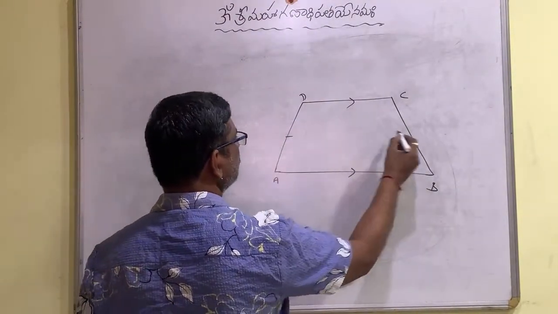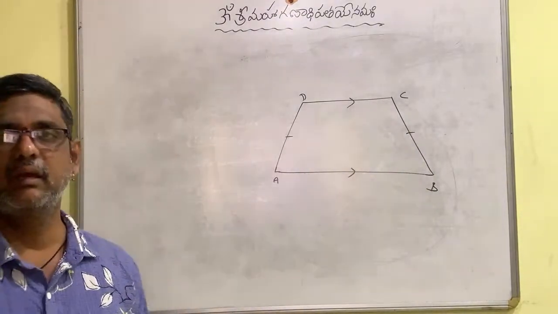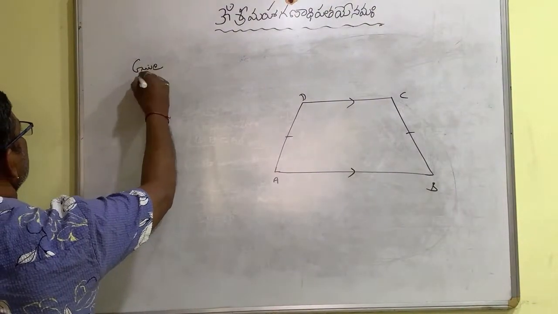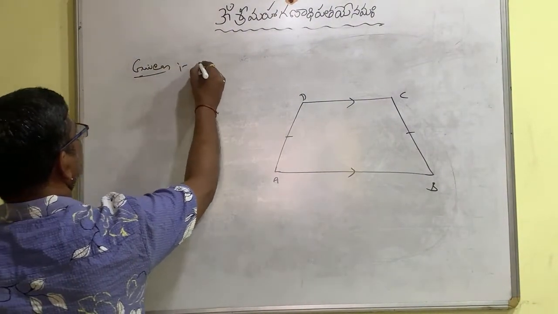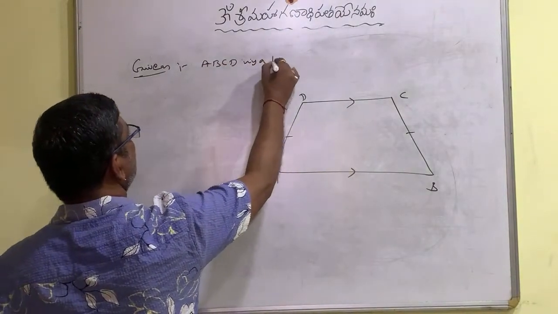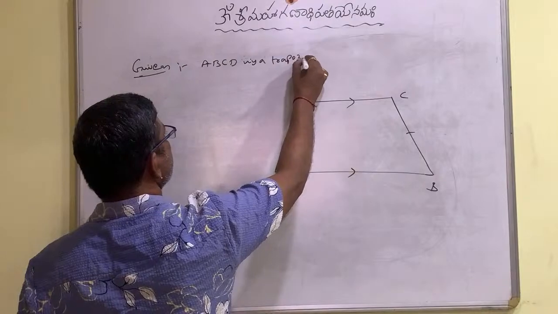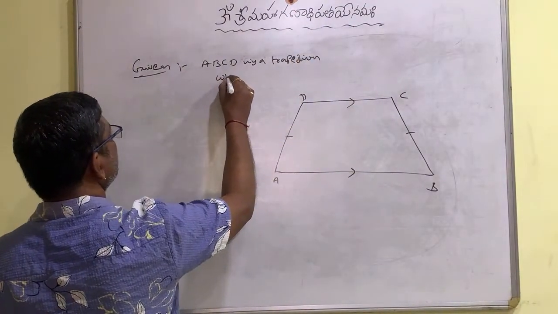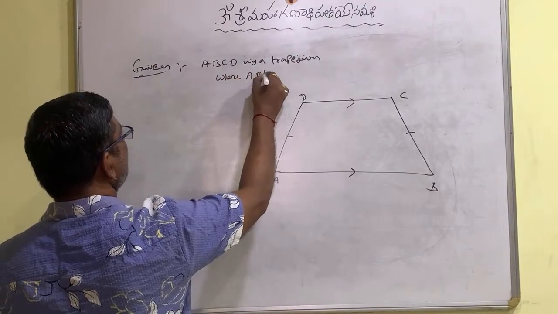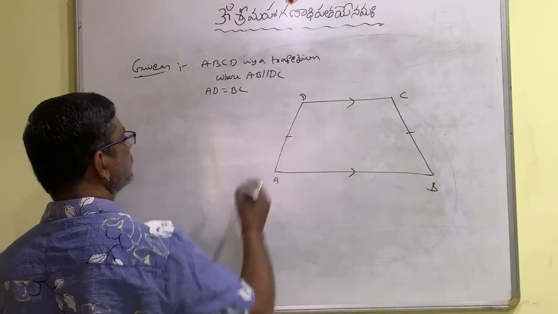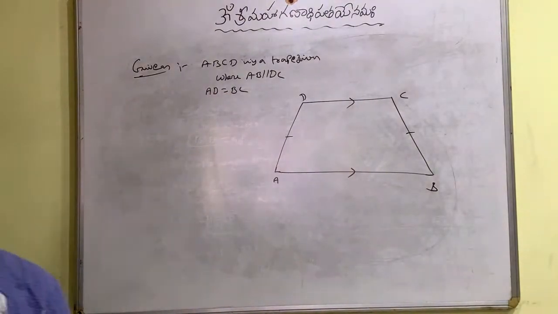Given they are equal. ABCD is a trapezium where AB is parallel to DC. Not only that, AD is equal to BC. This is given.